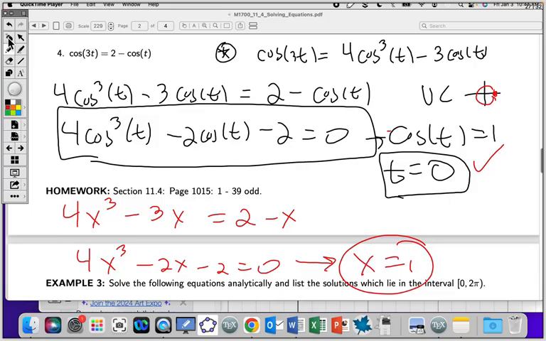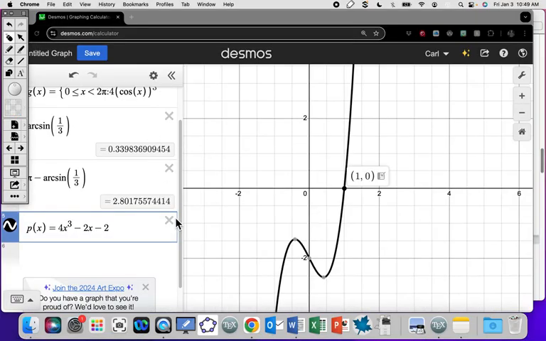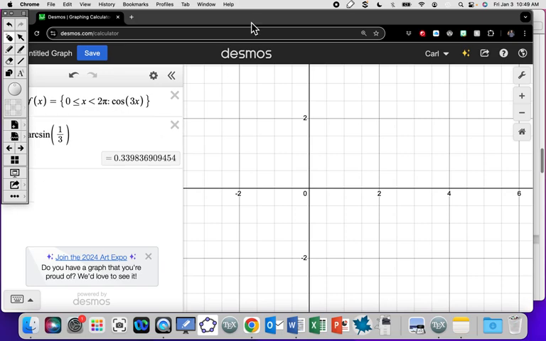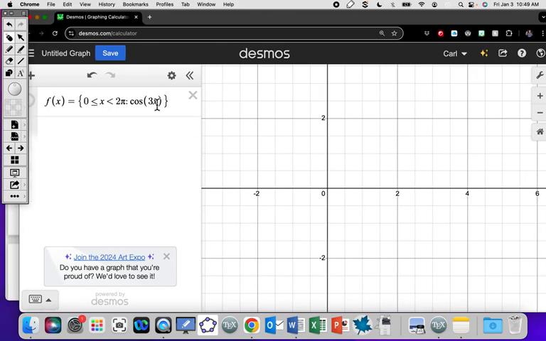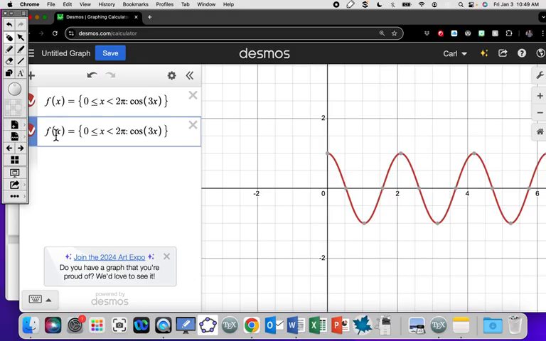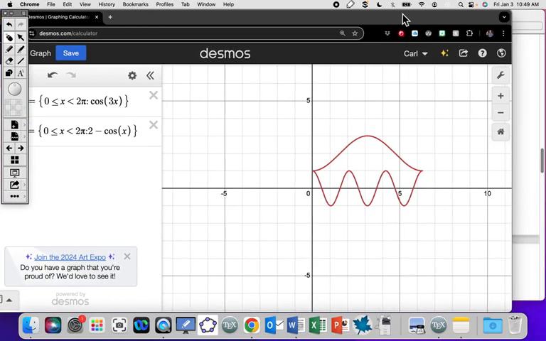Let's fire up Desmos and now check the trig version of this to make sure we're not missing anything. So this would be cosine of 3x, and then the right hand side was 2 minus cosine x. And sure enough, if I look, that's a cool picture, huh?